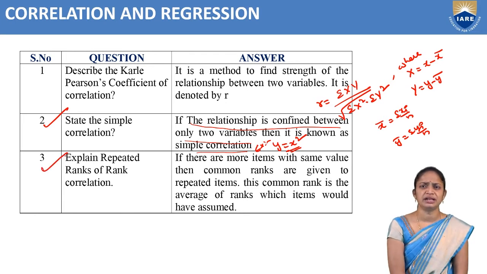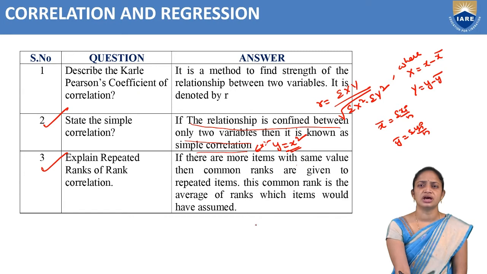Next, explain repeated ranks of rank correlation. If there are more items with the same values, then common ranks are given to the repeated items. This common rank is the average of the ranks which the items would have assumed.